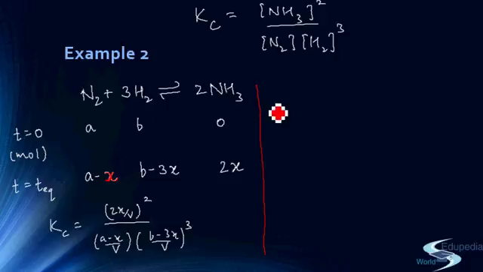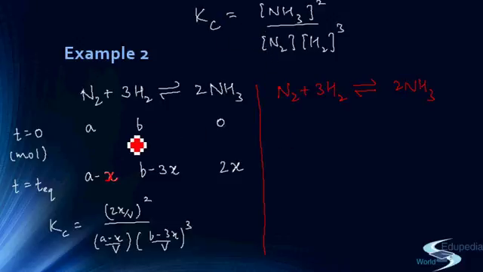So the same question can also be solved. What is the question? The goal is to write the equilibrium expression for this reaction and to find the value of Kc. The same answer Kc will have the same value with both the methods.